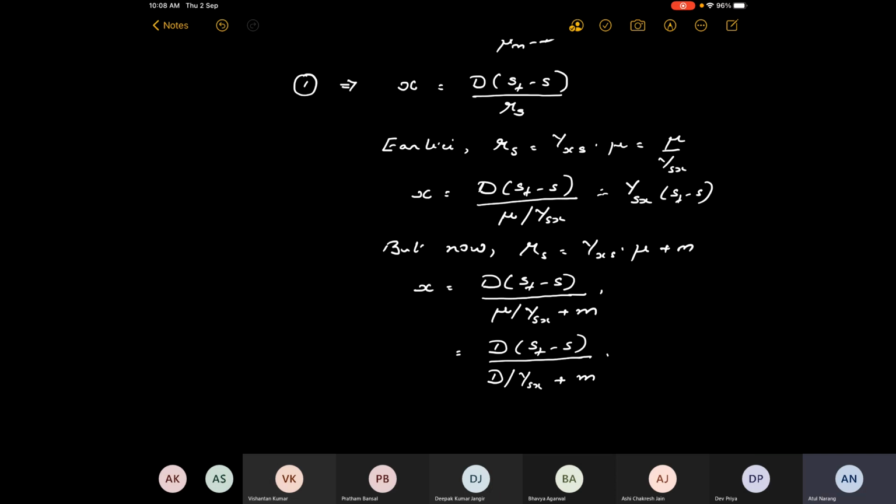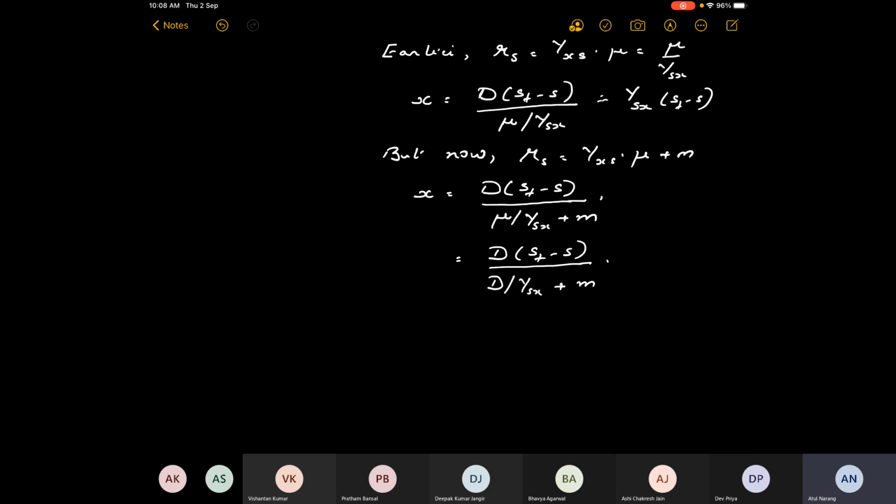Okay. Now it's convenient to rewrite it in a slightly different form. It's useful to multiply both numerator and denominator by Y_XS. So if I multiply numerator and denominator by Y_XS, I get Y_XS multiplied by D divided by, in the denominator, D plus M times Y_XS.